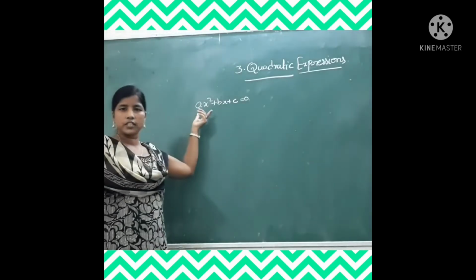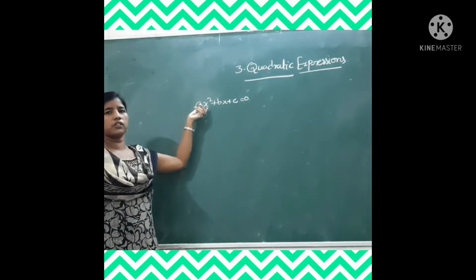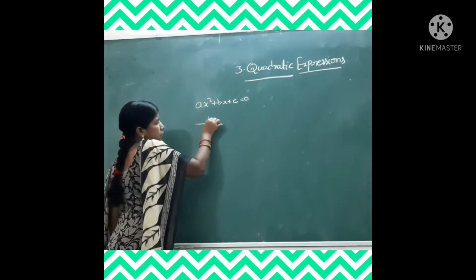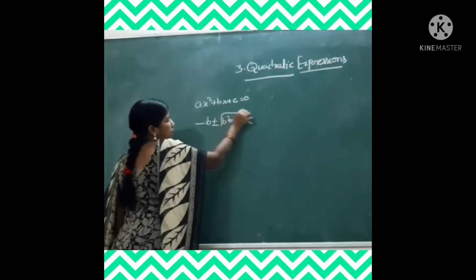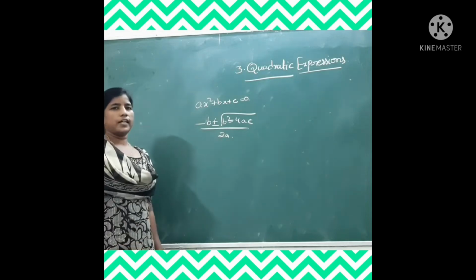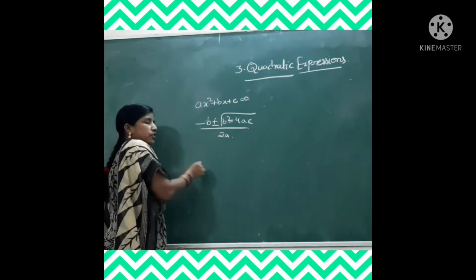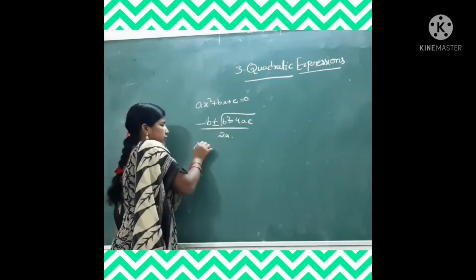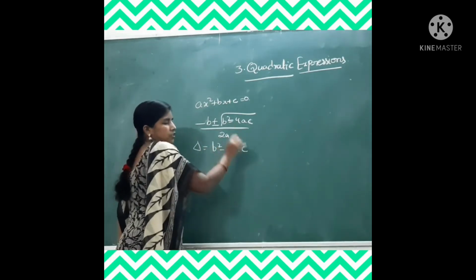With this equation, the roots are found by the formula minus b plus or minus square root of b square minus 4ac, by 2a. And the discriminant of the quadratic equation is denoted by delta, which is equal to b square minus 4ac.